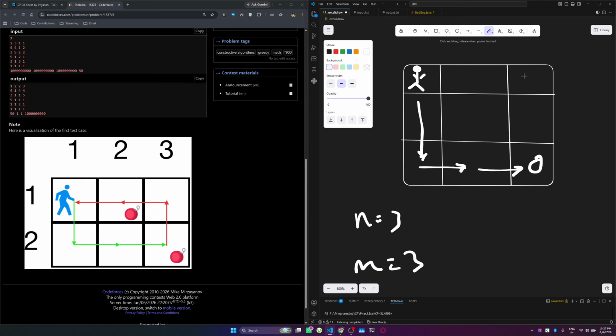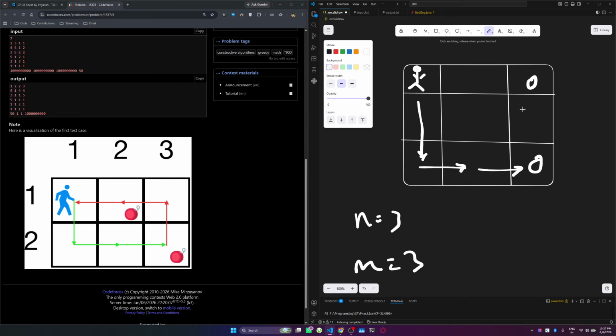Now if we place it here, he has to go this way, 1, 2, 3, and 4. That's 4. And if he goes the other way, 2, 3, and 4. So it's equidistant, because we took n equals 3 and m equals 3.